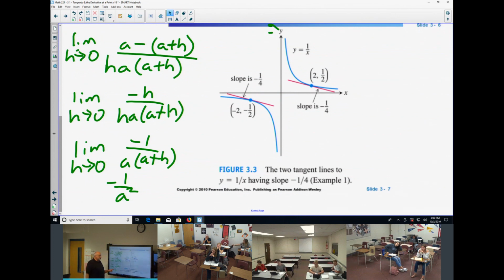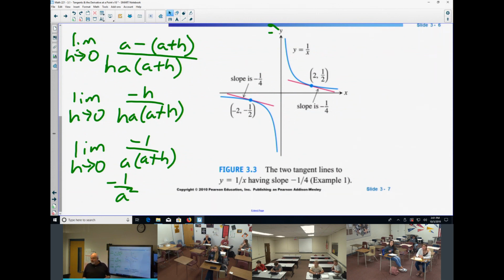If we plug in 2, we get negative 1 over 2 squared, which is negative 1/4. So the slope here is negative 1/4. Well, what if x is negative 2? Then we also get negative 1/4. And so when we calculate the limit, we get the slope of the tangent at any point.